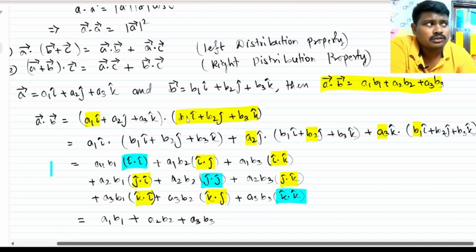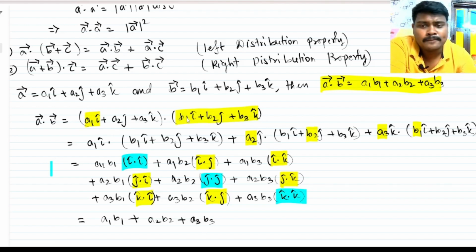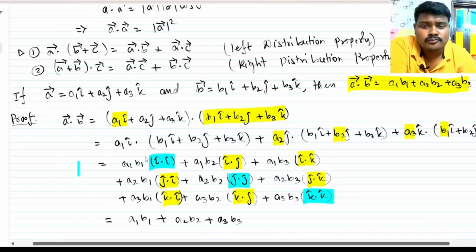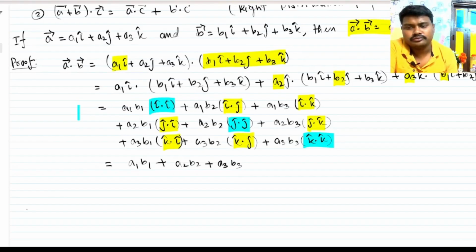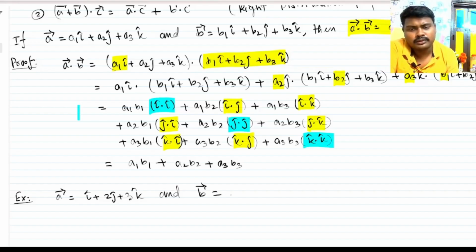Next, we try to understand the dot product between two vectors with a suitable example. Consider two vectors, A vector equal to I cap plus 2 j cap plus 3 k cap, and B vector equal to minus 2 I cap plus 2 j cap minus k cap.